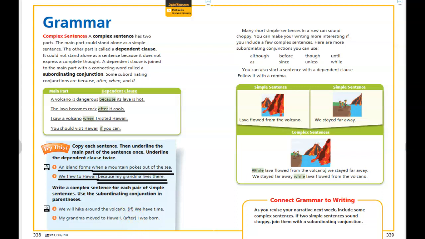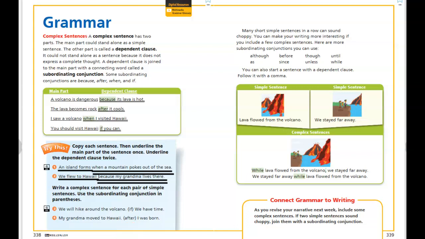We could say, we will hike around the volcano if we have time. Number 4. The first simple sentence is, my grandma moved to Hawaii. The second one is, I was born. We can connect those two simple sentences with the conjunction after to form a complex sentence. My grandma moved to Hawaii after I was born.